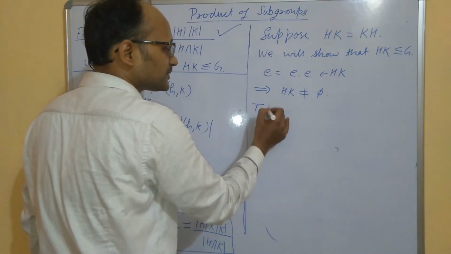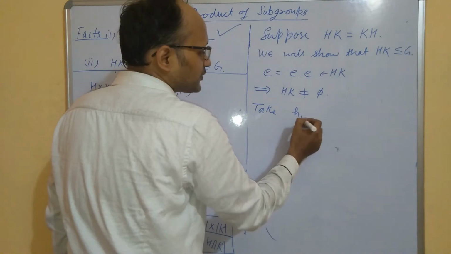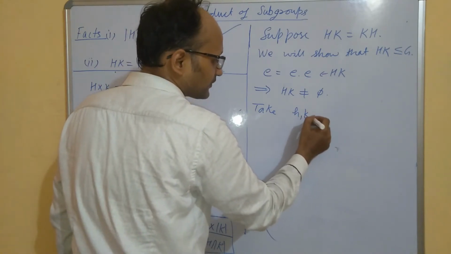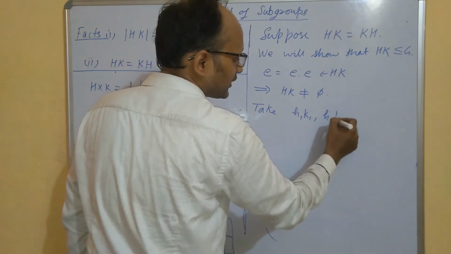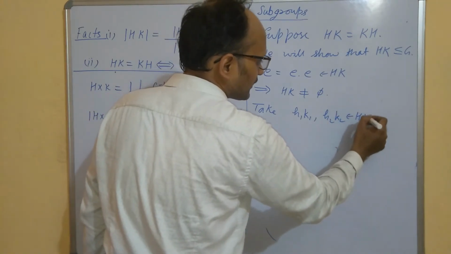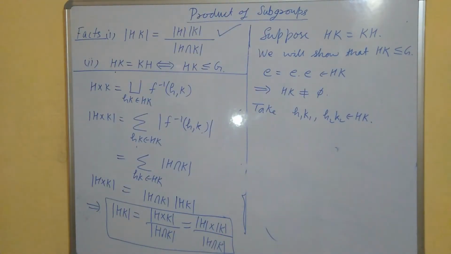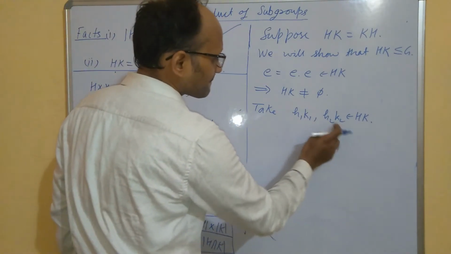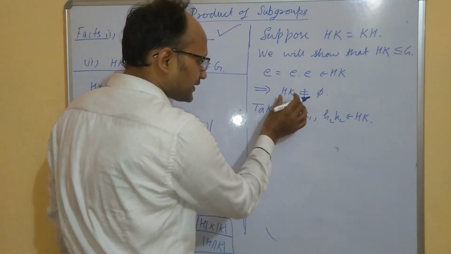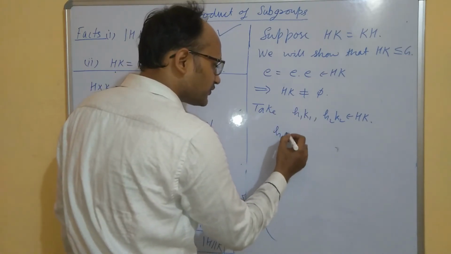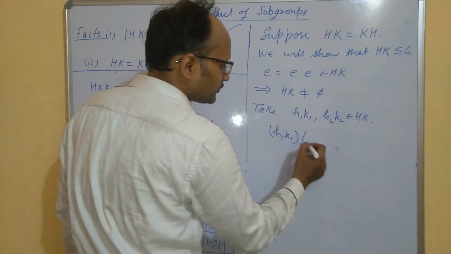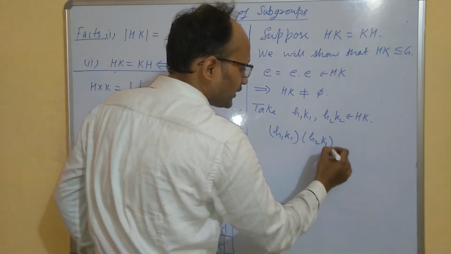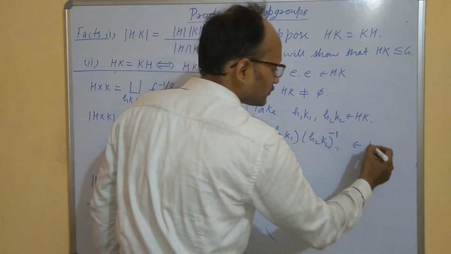Now take two elements h1k1 and h2k2 in HK. We are to show that HK is a subgroup, so I take two elements h1k1 and h2k2 in HK. To show that it is a subgroup, we have to show that h1k1 into (h2k2) inverse belongs to HK.